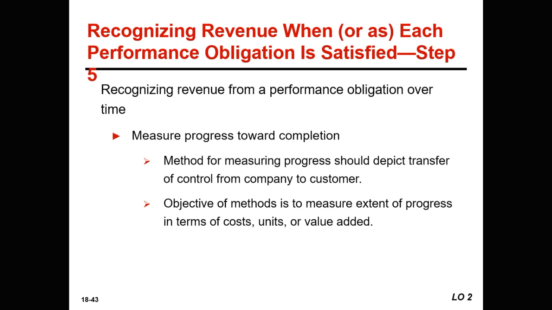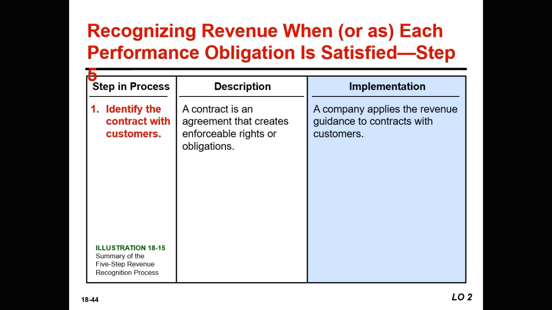So let's take a minute and look at recognizing revenue when each performance obligation is satisfied. We identify the contract with the customers, a contract being an agreement with enforceable rights or obligations.